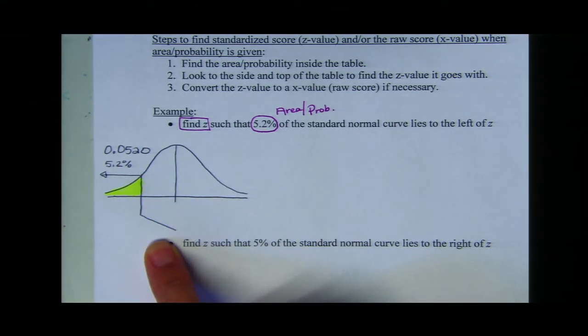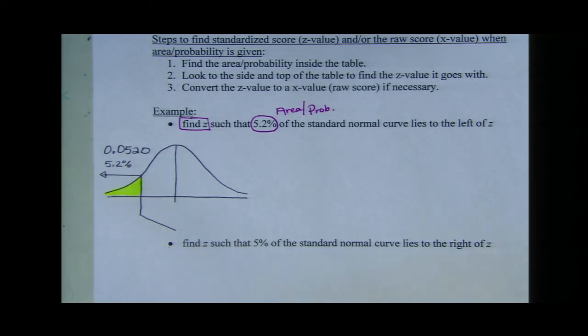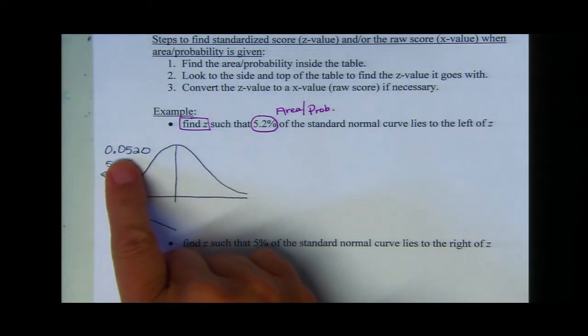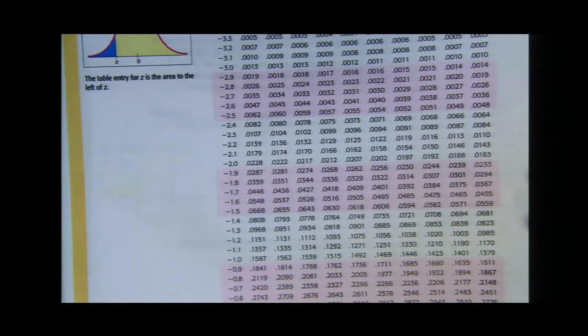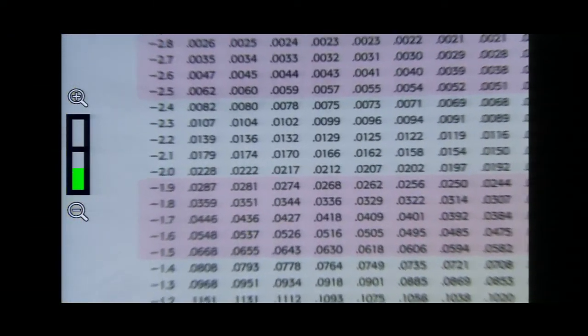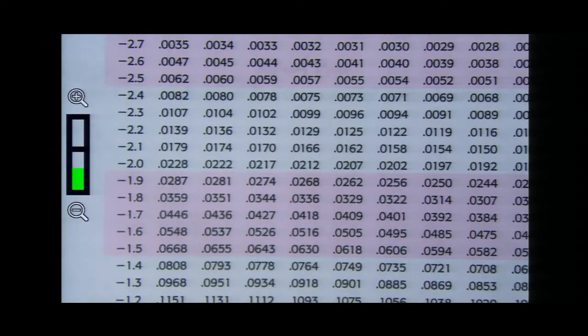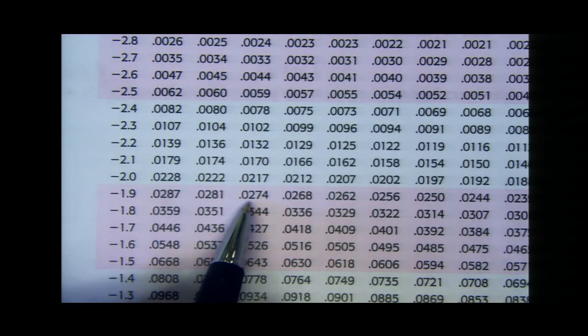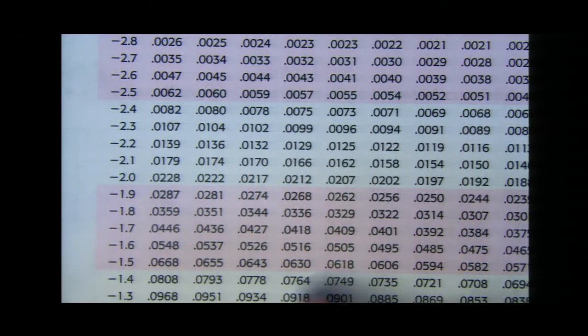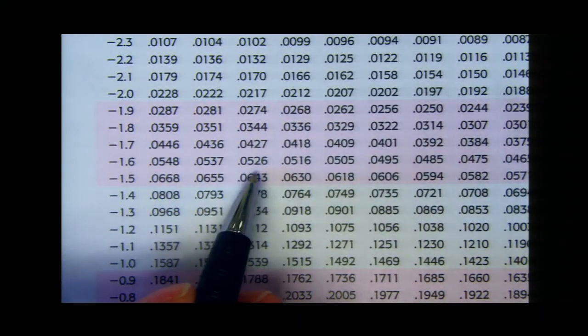So I'm going to look at my negative, and I start out by just looking for 0.05. Now here's where you need to be careful. Now I'm going to enlarge this. I'll have a lot of students that will go, oh, here's a 5, but be careful, that's 0.005. We're looking for 0.05. So here's 0.2, 0.3, 0.4. And I go, here's some 0.05s.